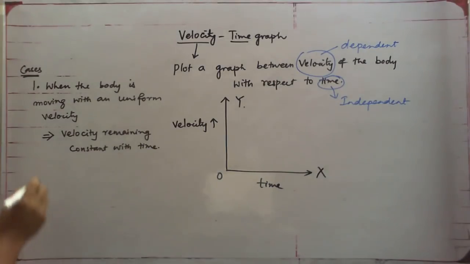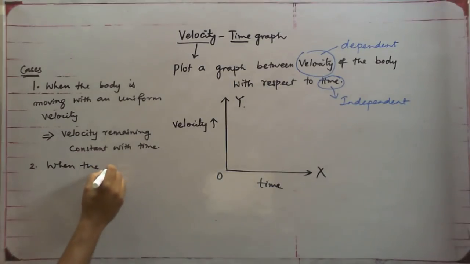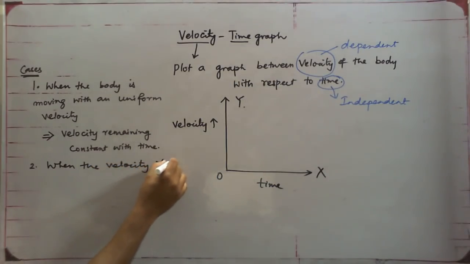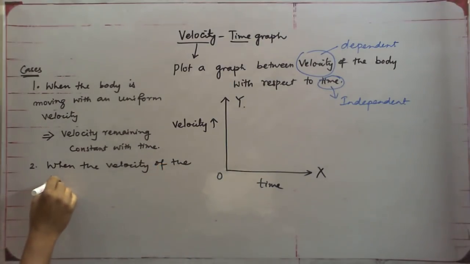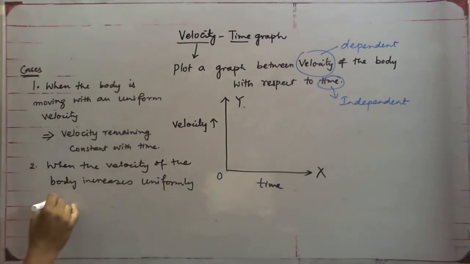This is case number 1. Case number 2 is when the velocity of the body is increasing uniformly with time.